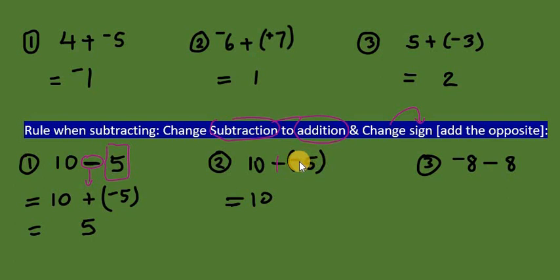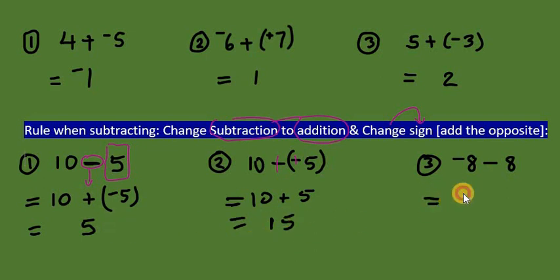We change this negative 5 to a positive 5. And so we're saying 10 plus 5, and of course that is 15. It makes sense, because if 10 minus 5 is 5, then 10 minus negative 5 should give us an increase rather than a decrease.